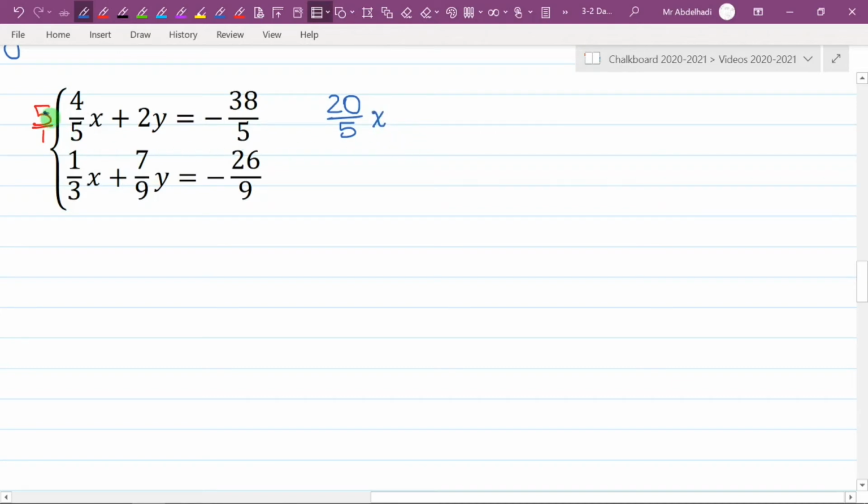And then 5, you don't really need the 1, by the way. I'm just showing you that, you can think of it that way. So 5 times 2y here would be 10y. And 5 times 38 over 5, okay, there's the equal, there's a negative. Well, once again, you can either think of it as crossing out the 5s, like canceling out the 5s, which will give you a 38, or you can do 5 times 38, get, what is that going to be, 190 over 5, which is back to 38, either way.